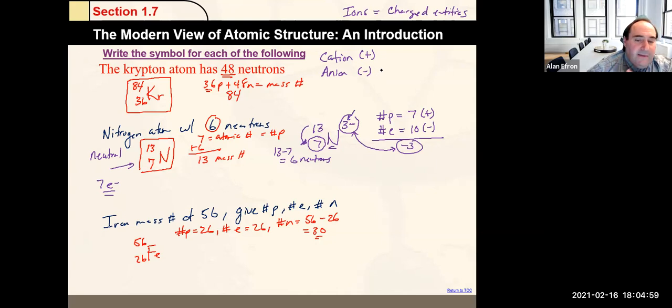So when something becomes negatively charged, it is usually a result of gaining electrons. The number of electrons gained from the neutral guy is equal to the actual charge. So again, if something has a -3 charge like here, it gained 3 electrons from the neutral guy. If it had a -2 charge, it gained 2 electrons, and so forth.